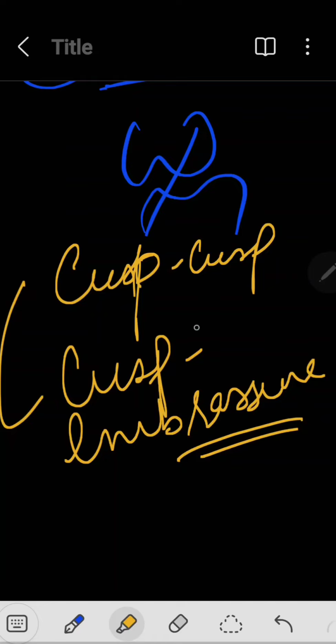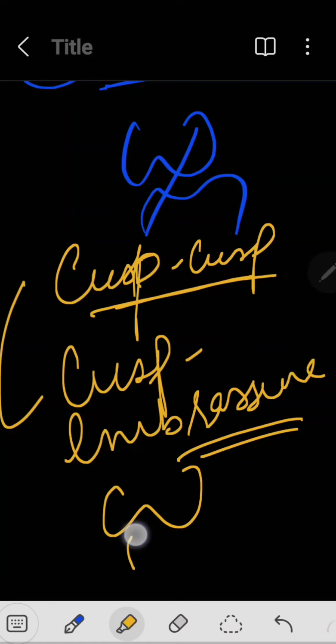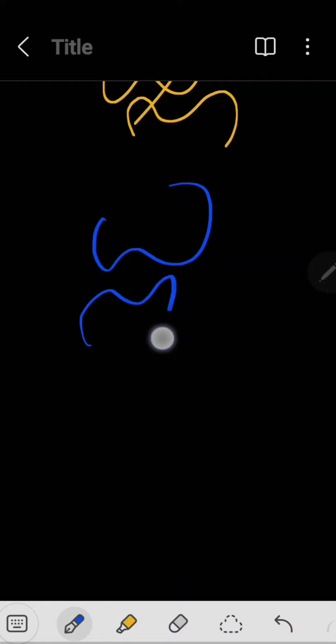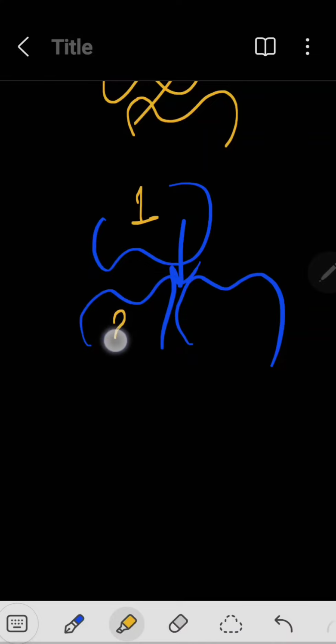To brief about these two relationships, in cusp to cusp there is only one single contact between the cusps, and in the cusp to embrasure relationship, one tooth may contact two opposing teeth. This is number one, this is number two, this is number three.